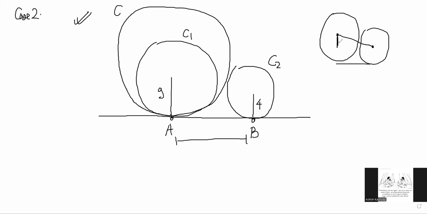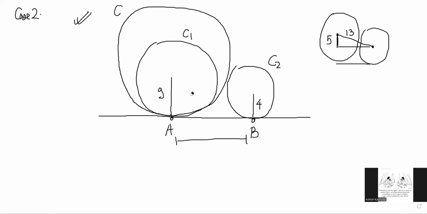So this much distance is basically 9 minus 4, so 5. This distance is 13. So clearly we have, actually I am making a mistake.